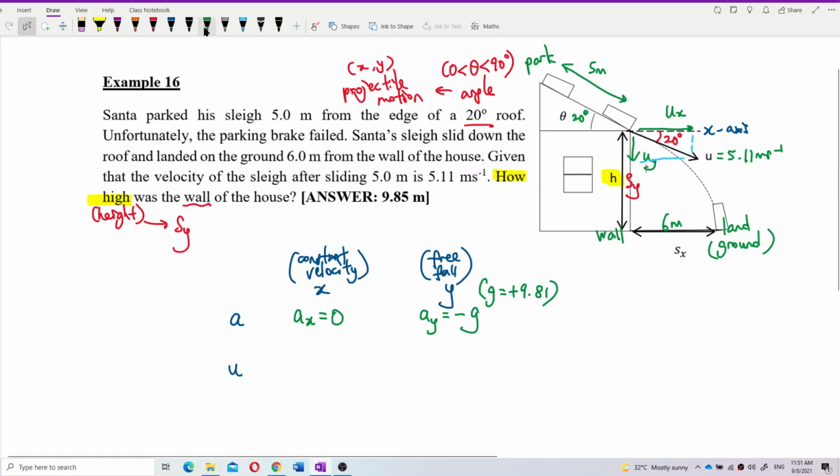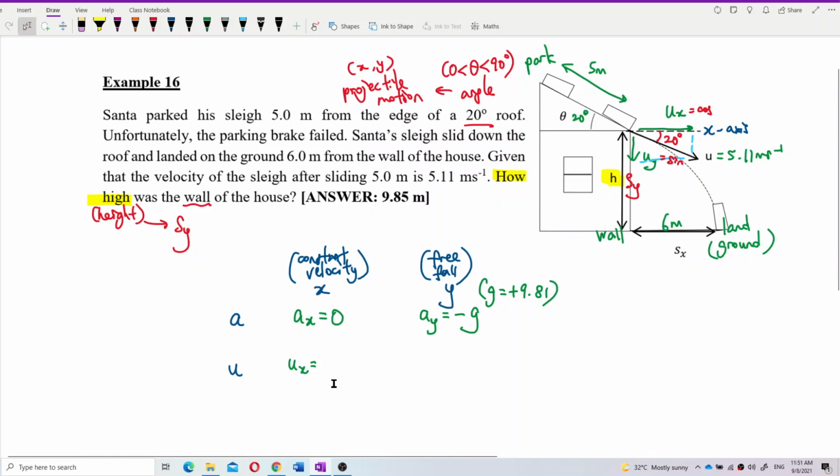So ux is equal to... Now you see, ux is adjacent to the angle theta. Adjacent we use cos. Uy is opposite to the angle. Opposite to the angle we use sine. So uy uses sine.